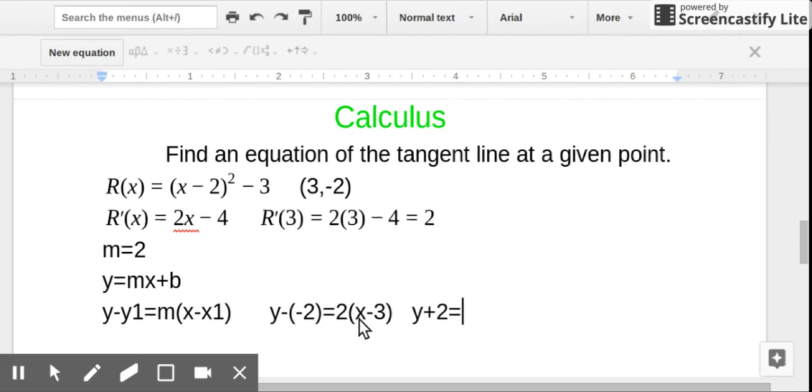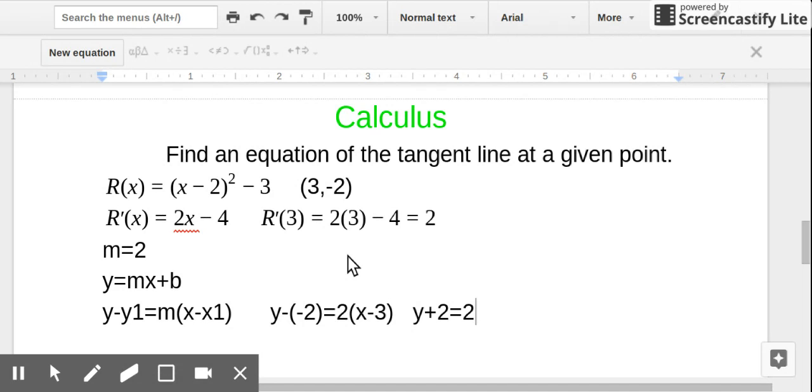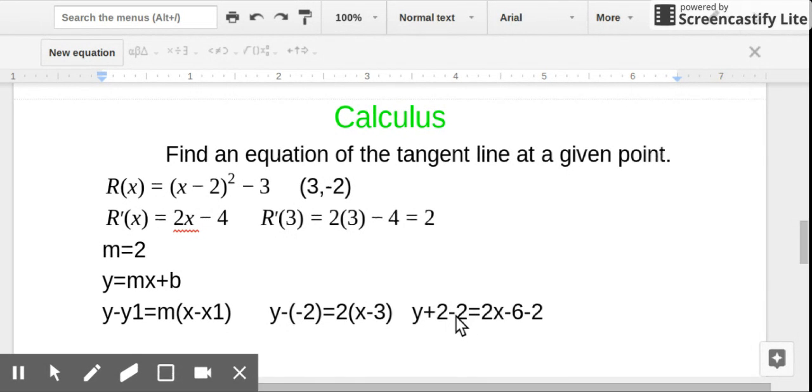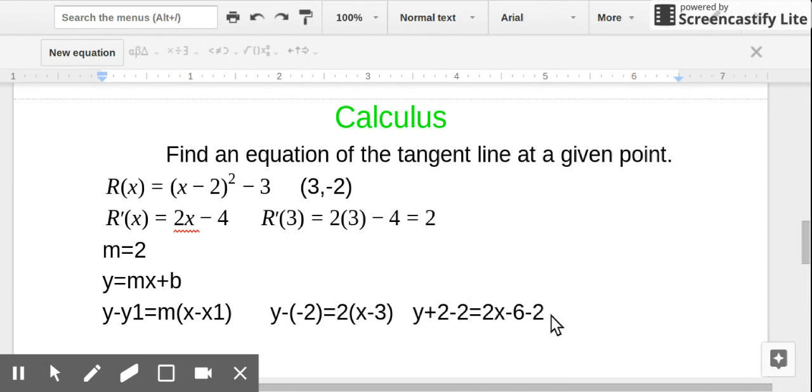I'm going to distribute this 2 across here. So we have 2x minus 6. Now we want to isolate this y, so we subtract 3 from both sides.